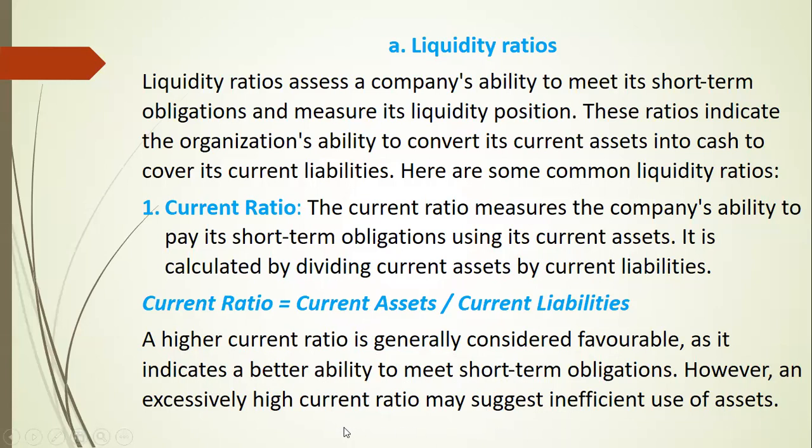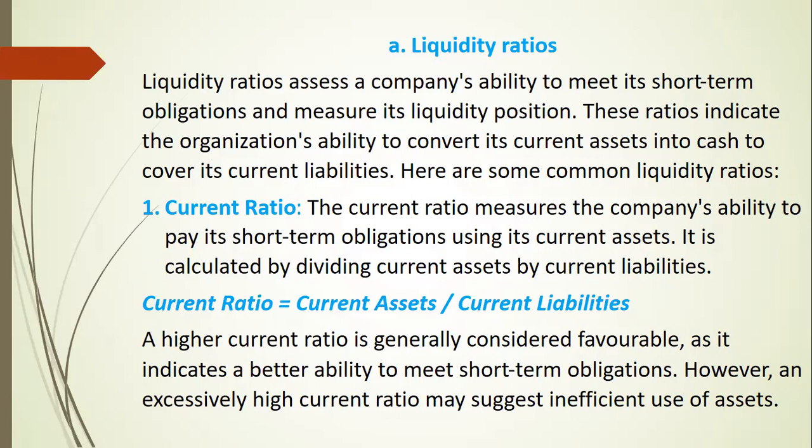However, an excessively high current ratio may suggest inefficient use of assets. It means we are not using our current assets, we are just holding them.